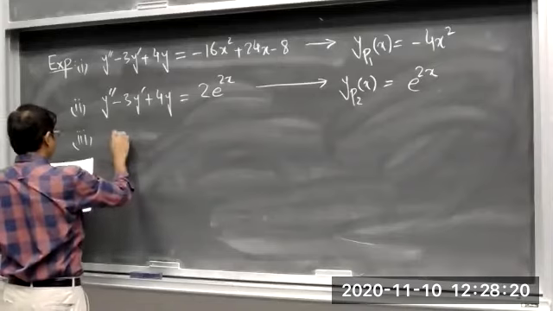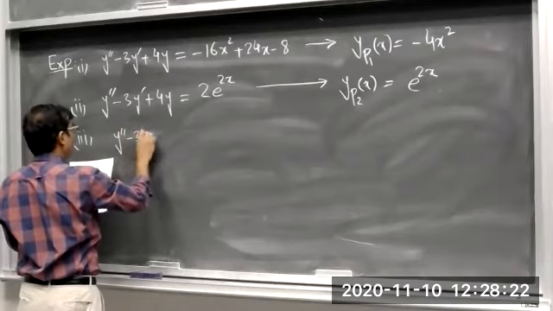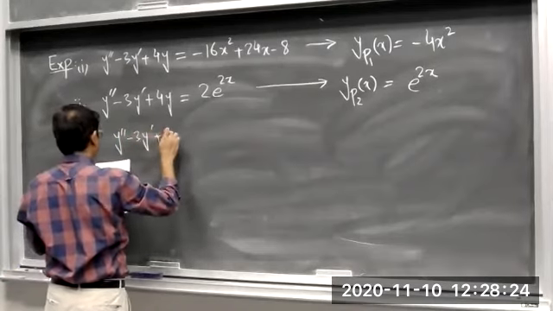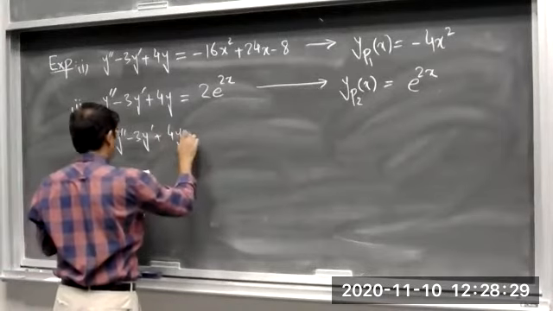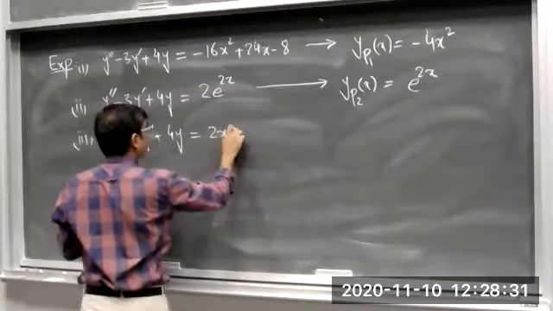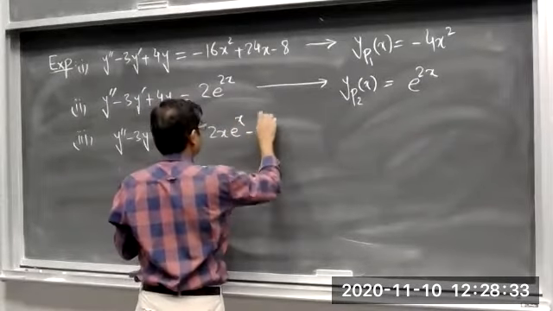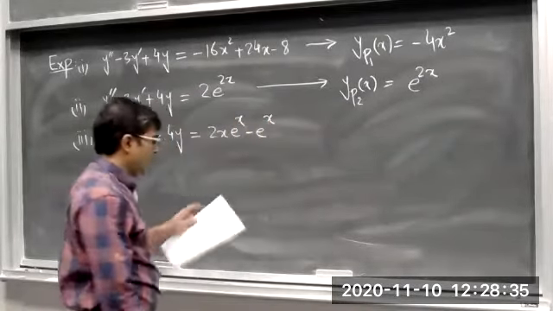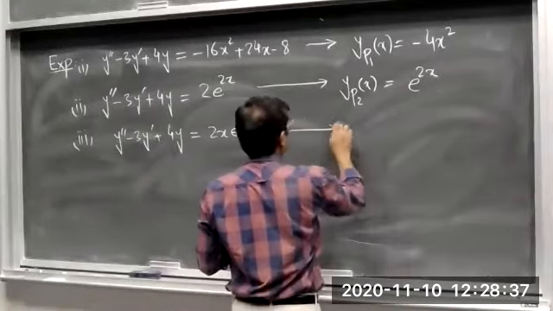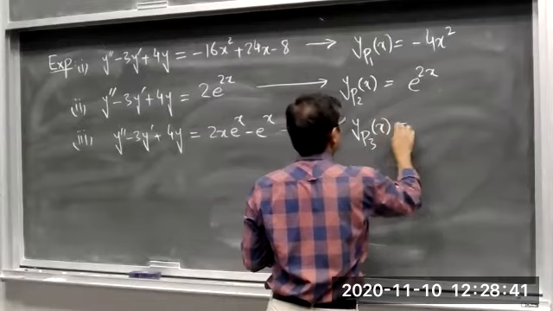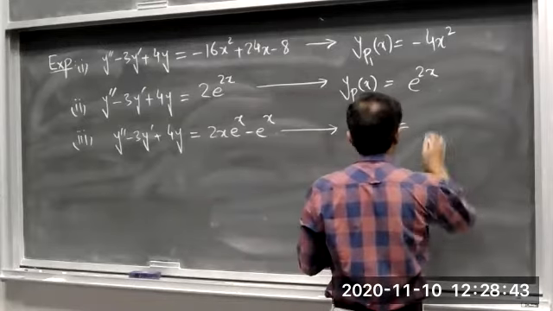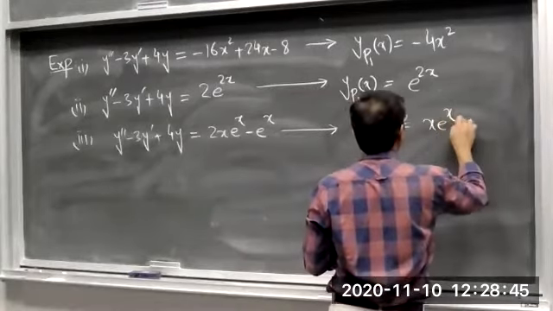Another differential equation, y double dash minus 3y dash plus 4y equal to 2x e raised to the power x minus e raised to the power x. And the particular solution of this differential equation is what? x e raised to the power x.